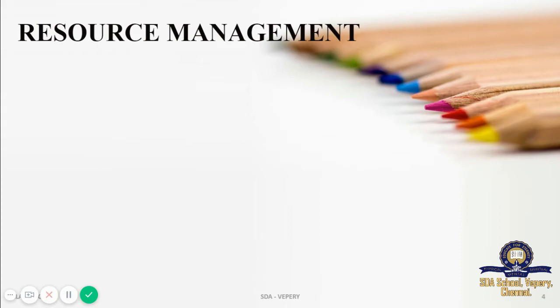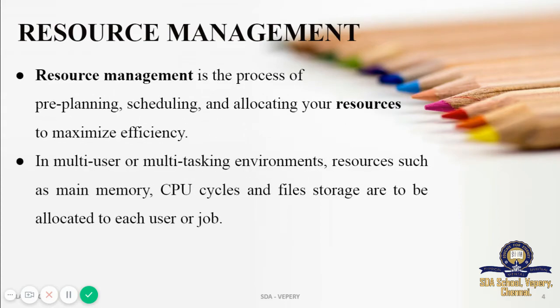We'll see the exact definition of resource management now. Resource management is the process of pre-planning, scheduling and allocating your resources to maximize efficiency. Why did I mention maximize efficiency?